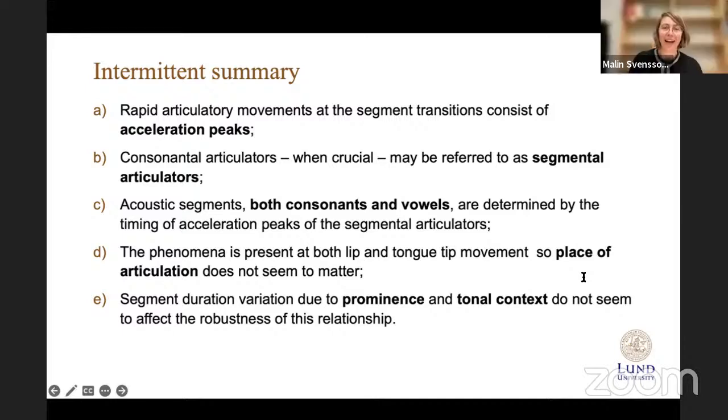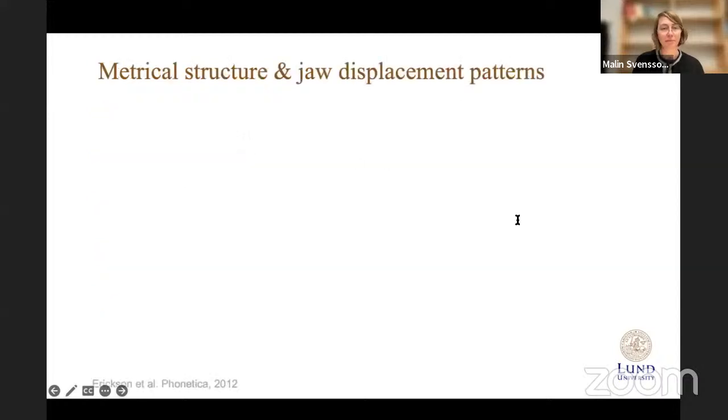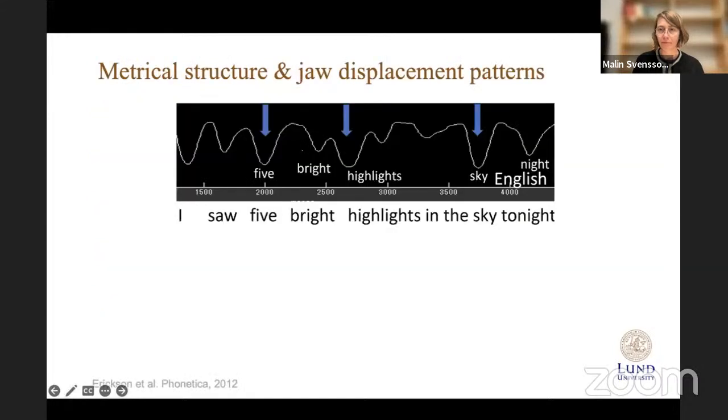Okay, I'll continue. So let's get into jaw movements. This figure shows jaw tracing of "I saw 5 bright highlights in the sky tonight." This is from work by Donna Erickson and colleagues. As you can see, the jaw is lowered more for some of the words than for others.